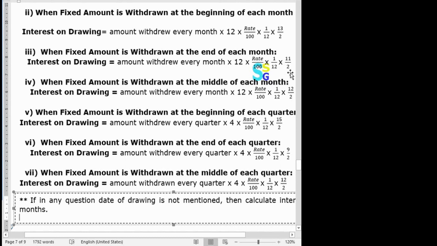So first you recall this one: amount withdrawn every month into 12 into rate by 100 into 1 by 12. And if it is at the end of each month, then into 11 by 2.